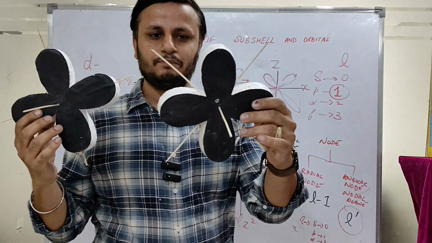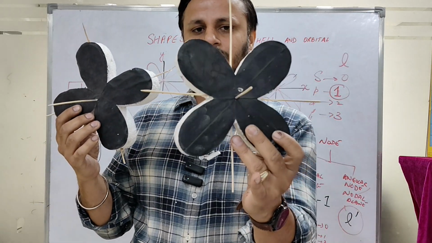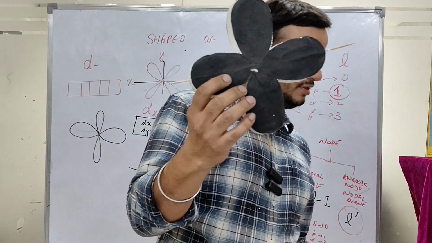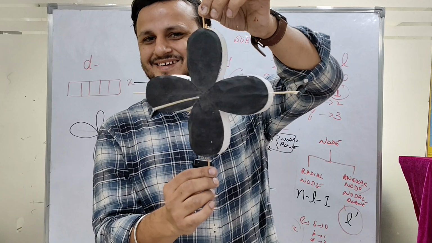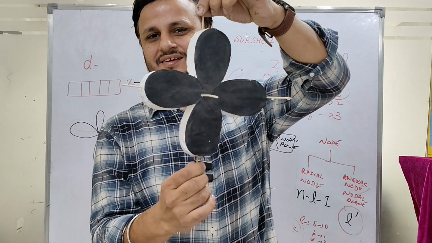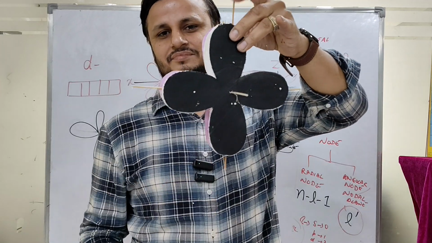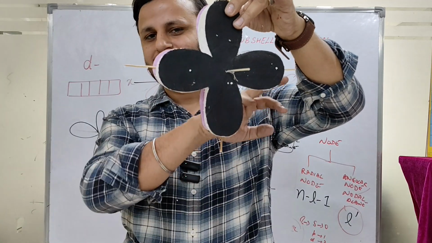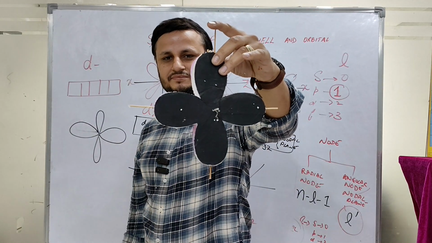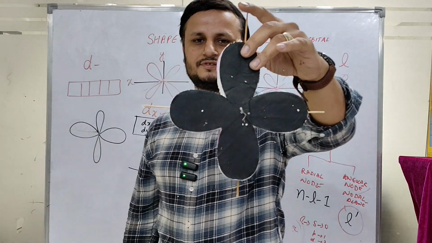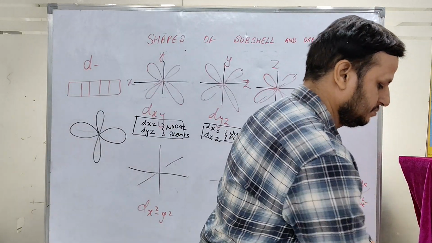In xy the lobes lie between the axes, and in x square y square the lobes lie along the axes. So this is x square y square.